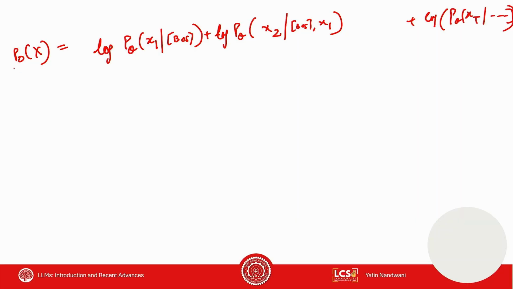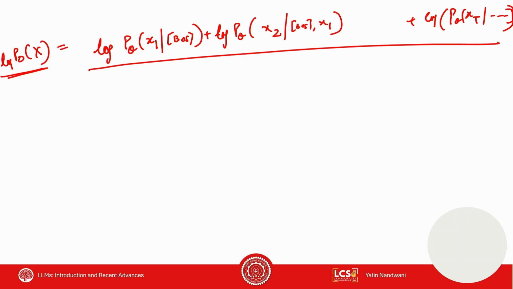If I'm maximizing this, then I'm maximizing the sum of these. So automatically at every position, the conditional distribution that we have, we are trying to maximize, not individually, but at a collective level, for the entire sentence.